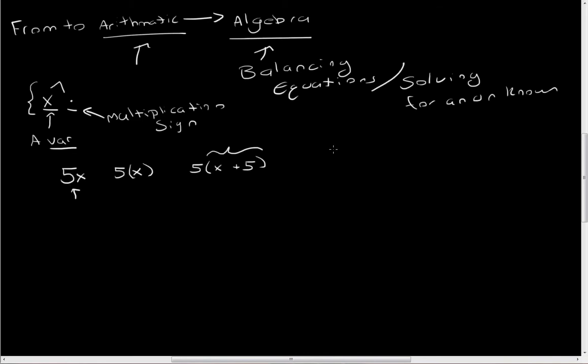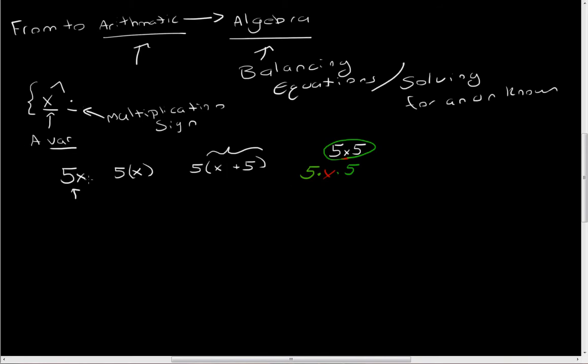So when you have something written like this, 5x5, this can get confusing, because in algebra you're basically multiplying 5 times x times 5. This 5x5 is 5 times x times 5. We are no longer going to be writing it like this.